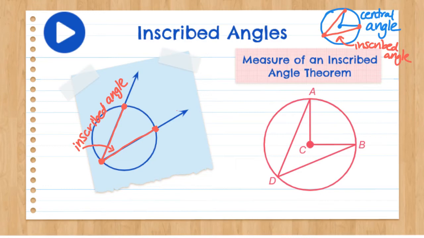So it'd be the arc that lies right here. Oh, let me draw that a little cleaner here. And it has endpoints on the angle, so it would be these two endpoints here. And we call this the intercepted arc.